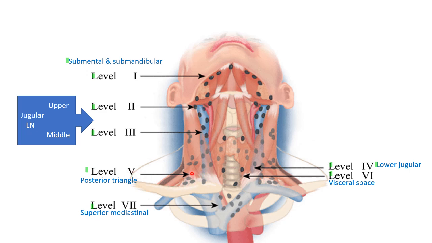And level 5 will be the posterior triangle lymph nodes. Level 6 is the visceral or the anterior group of lymph nodes in the same compartment as the thyroid. And level 7 is the superior mediastinal lymph nodes, which is below the clavicle.